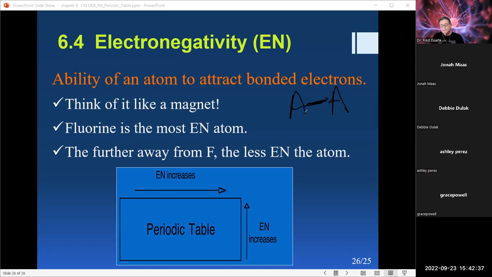Now, since A and A are the same, whatever element it is, that sharing of that electron is equal. We call that equal. Now, if I were to replace that A with B, which is a totally different element, now what's happening is we get unequal sharing. Over here we got equal sharing.